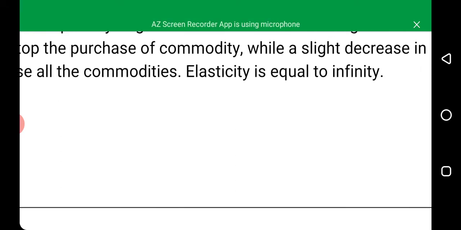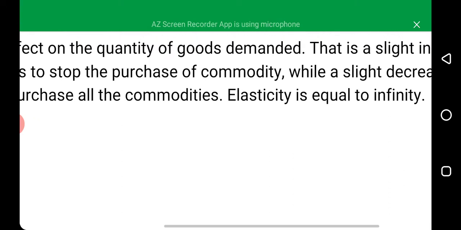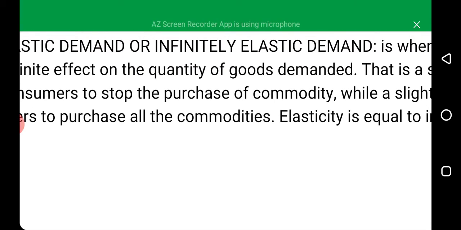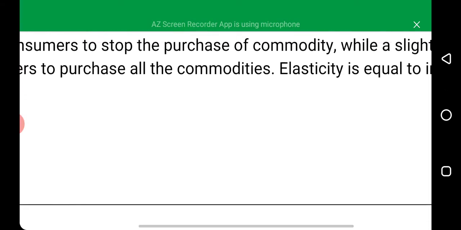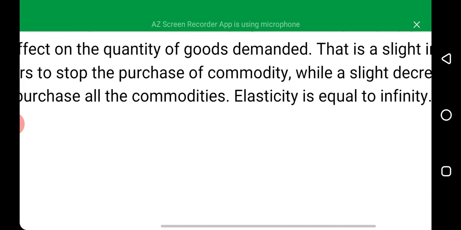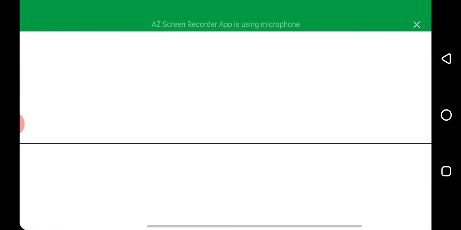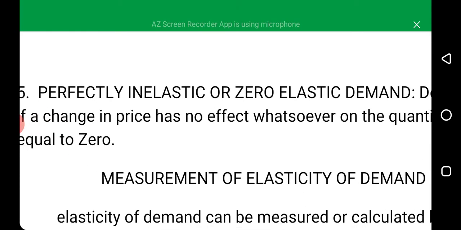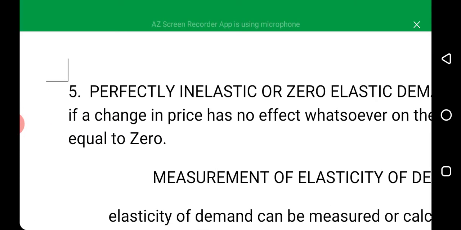So in this case, elasticity is equal to infinity, meaning that the quantity demanded cannot be predicted here. The graph explains that better too. Inshallah, we'll treat those graphs when we meet.